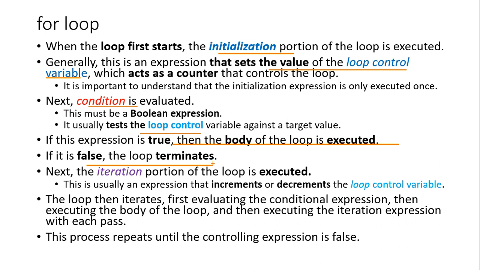Next, the iteration statement is executed as the final statement. So we have the for loop. Inside that you have initialization, then we have condition, then we have iteration, the last part to be executed, and once it is executed, the condition is tested again, and this process continues until the condition becomes false.